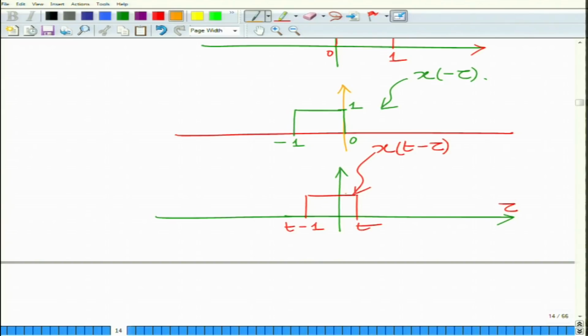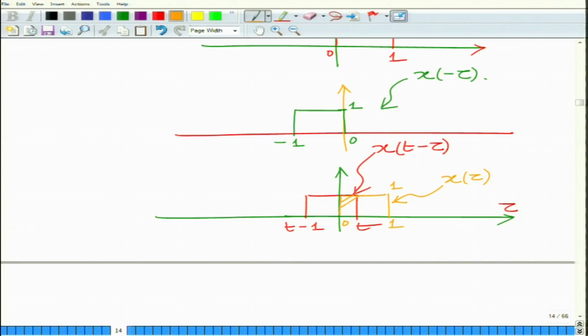Okay. And now multiply this with x of tau. Remember, x of tau is still a pulse of height 1 between 0 and 1. So, multiply x of t minus tau by x of tau, and integrate.